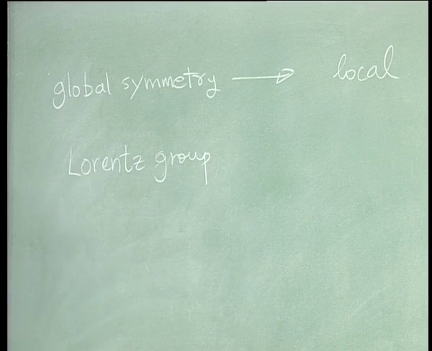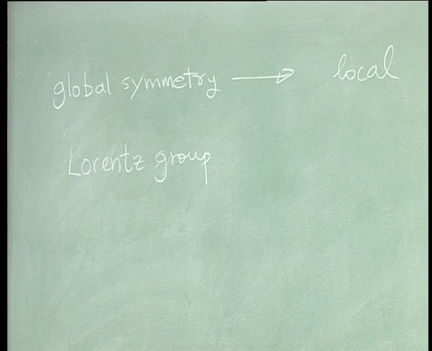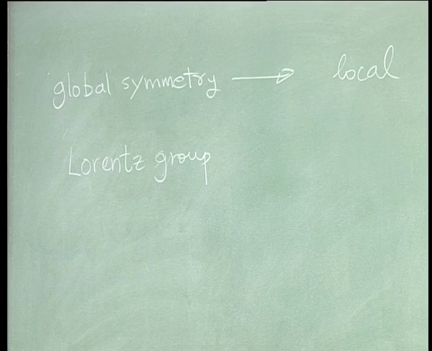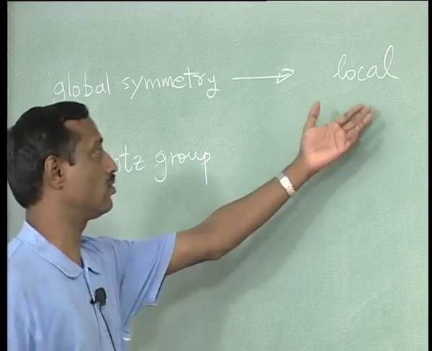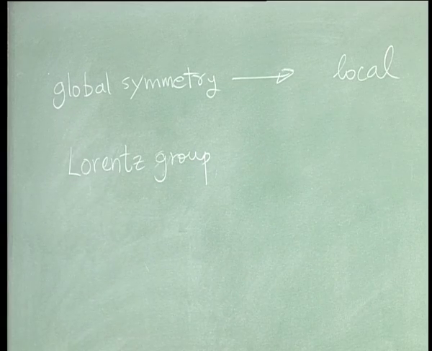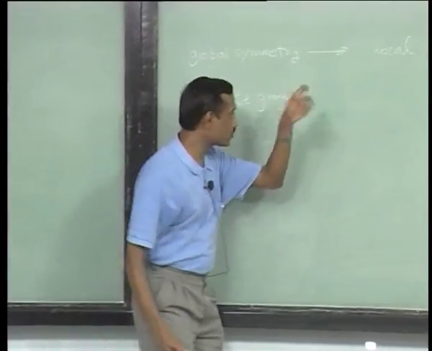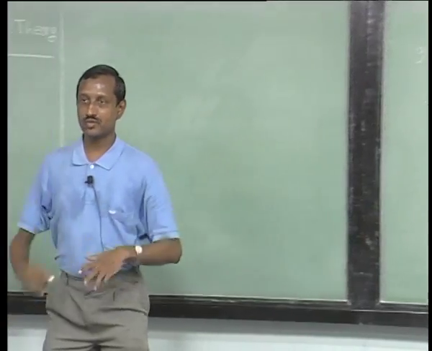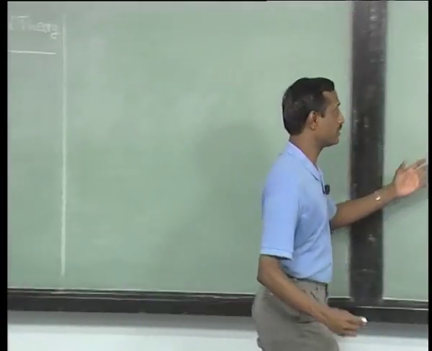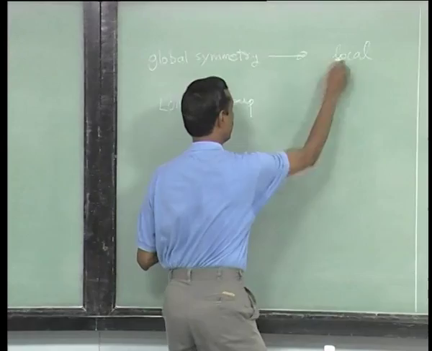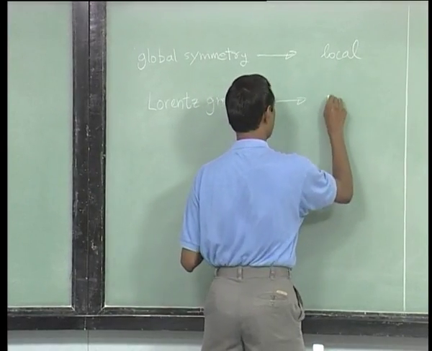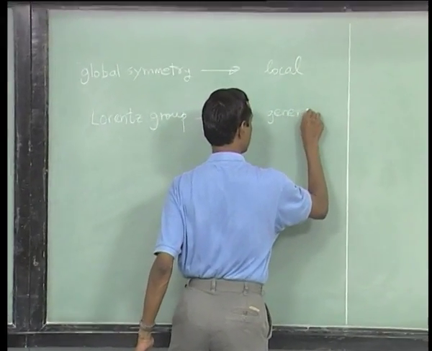Now this is something which acts on space time, and if you ask what is the meaning of making this local, it means at every point you make a different rotation or a boost. You can see that once you make it local, it just corresponds to general coordinate transformations.